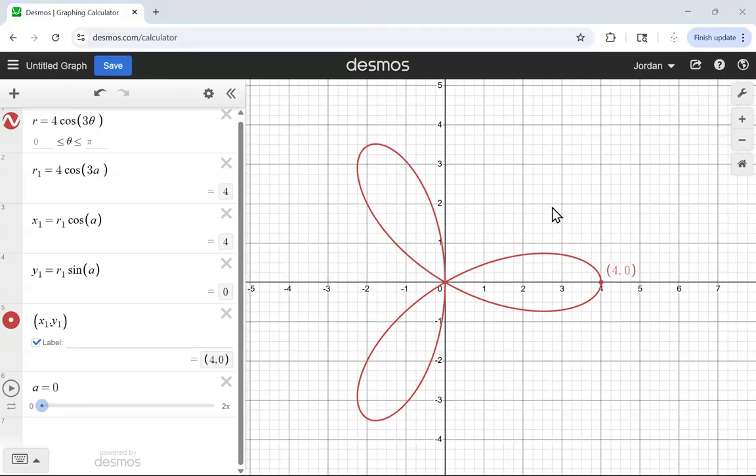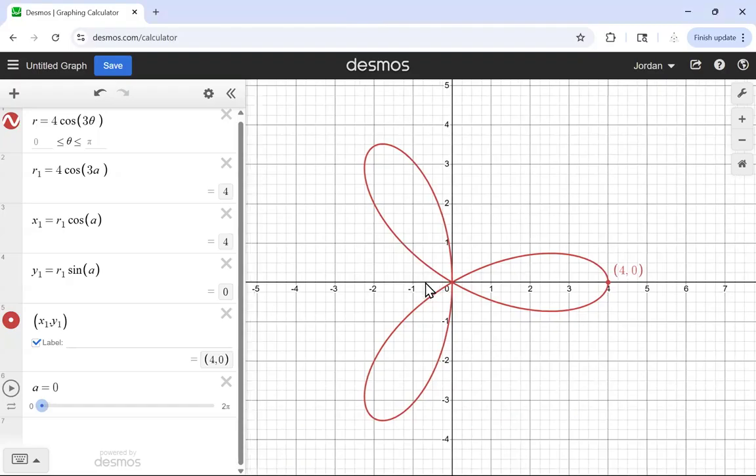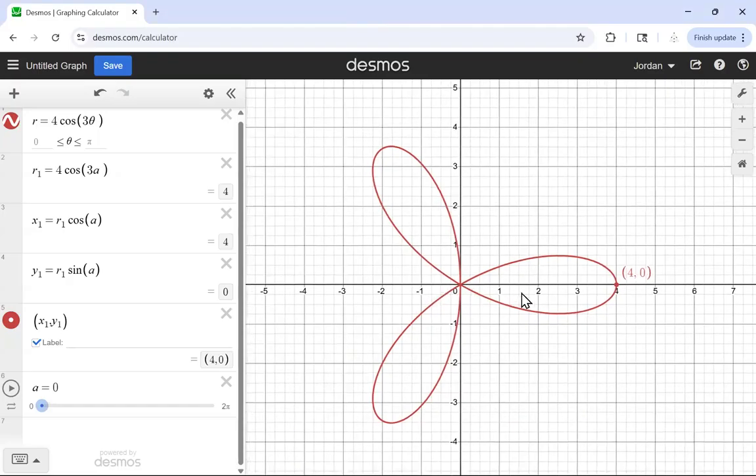What I like to do is, whether it's on the TI-84 or Desmos, I like to graph the function, and then I either use the trace feature, and kind of get an approximate and use some common sense to figure out the approximate. But basically, we want to trace out one of these three loops. Now, because of the nature of this function, all three loops are going to have the same area.